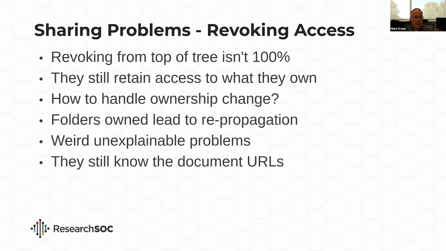And there's been cases where we've tried to remove people from a top level folder, and then it doesn't hit all the subfolders. And so later we discover through auditing permissions that they still had access for some reason. Obviously, they still retain access if those older users own a file.